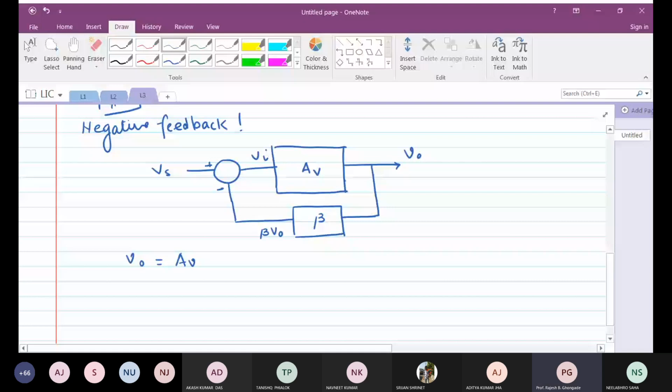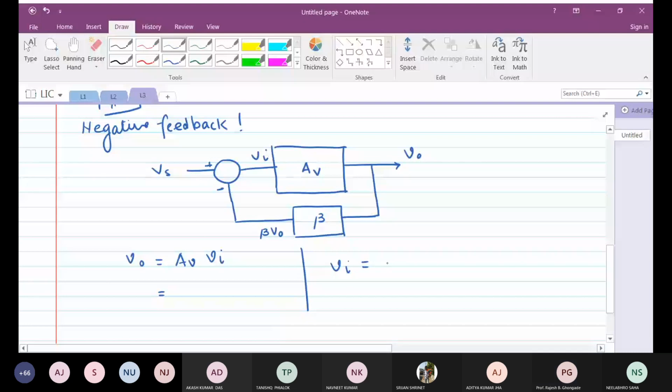AV into your input voltage VI. Simple. But what is VI composed of? It is the addition of these two voltages.